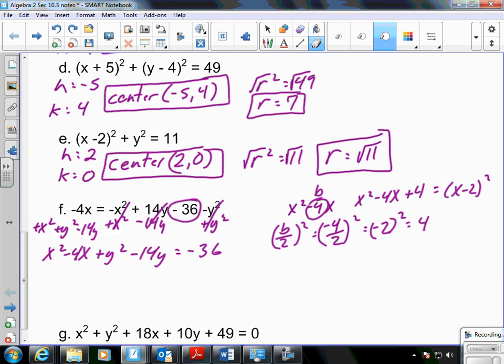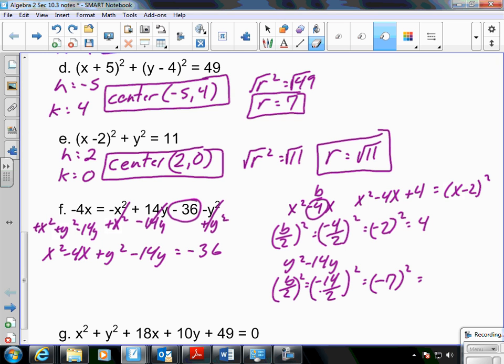All right, so then we're going to do the same thing with the y portion we had there. y squared minus 14y. And so start with b over 2, which in this case is going to be negative 14 over 2, and that's got to be squared. Negative 14 over 2 squared. Divide negative 14 by 2, we get negative 7 squared.